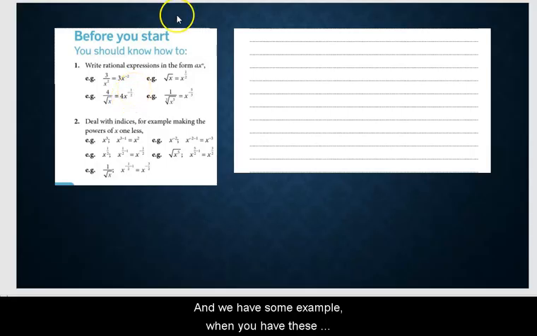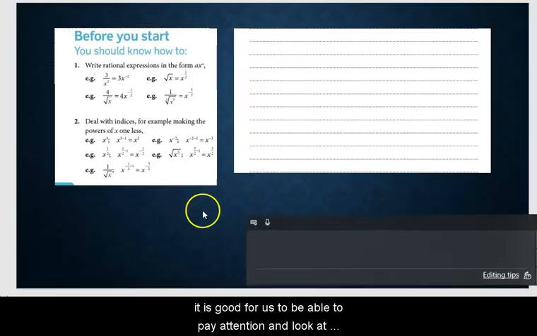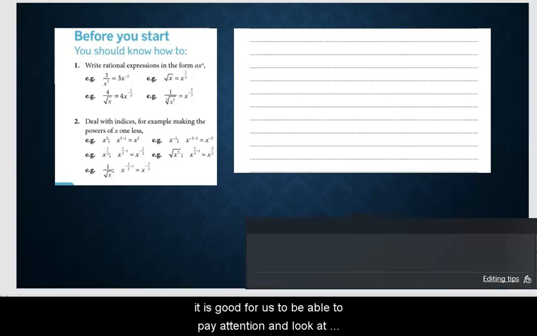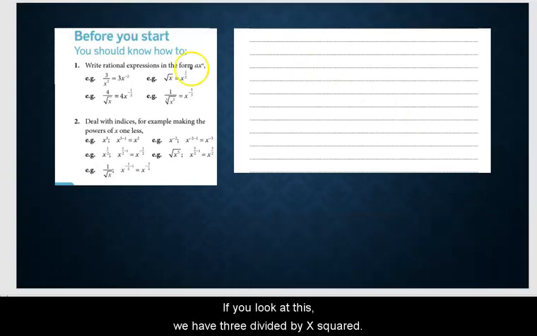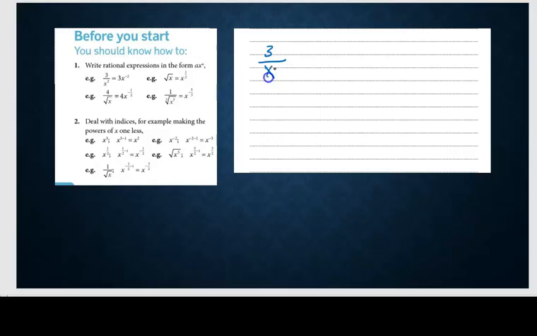When you have these particular notations and we want to rationalize it, it is good for us to pay attention and look at what is required for us to do. If you look at this, we have 3 divided by x squared. And we are supposed to write this in the form ax to the power of n.